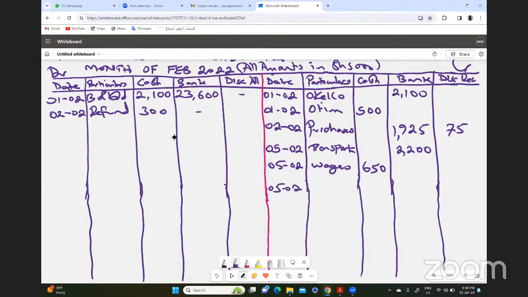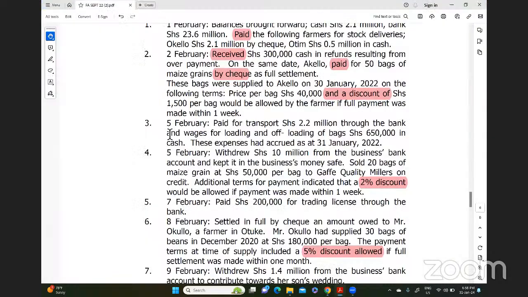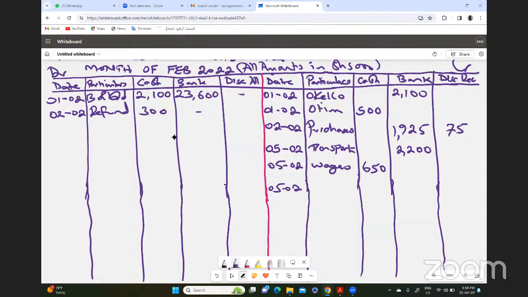Okay, 0502. How much money is leaving the bank account? 10 million. So we are putting it under bank as 10,000. Are we together? And this money is going in a cash form to our cash ledger or cash account.